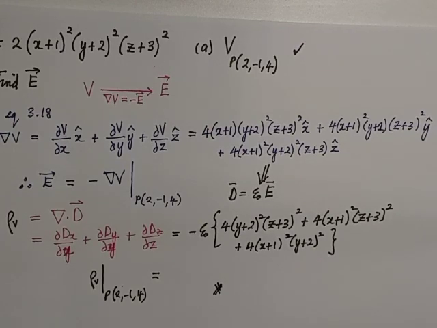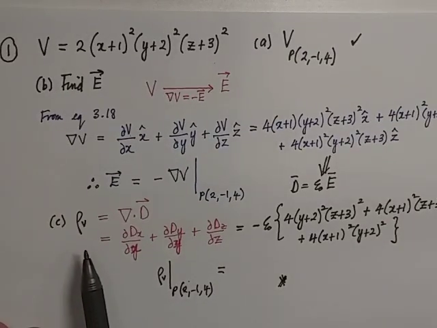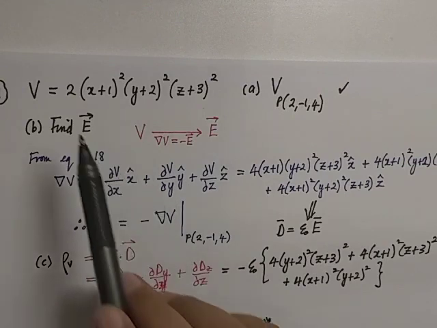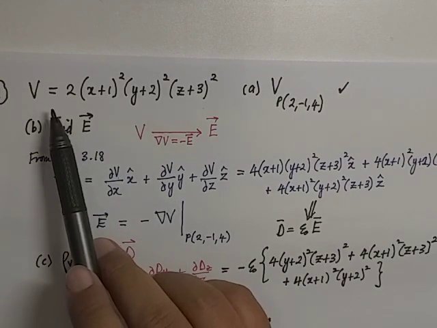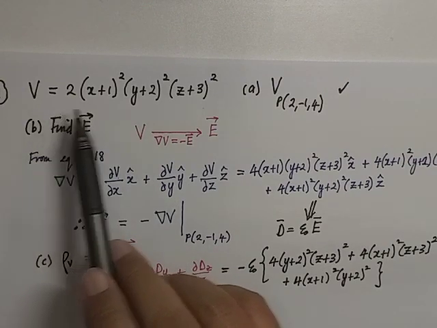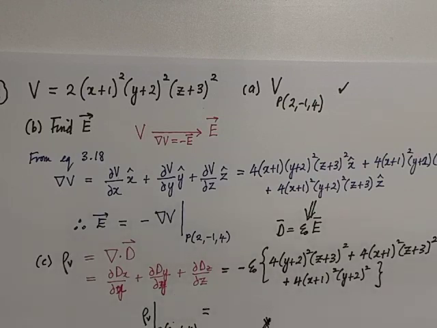Okay, now you can see that what we learn is actually interrelated. The issue of charge was discussed in week number 2, and then we talked about potential in week number 4. So everything is interrelated.